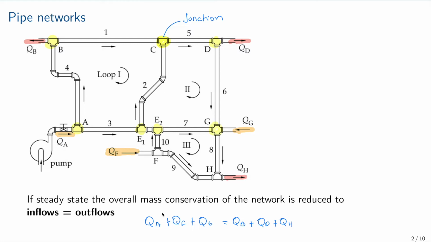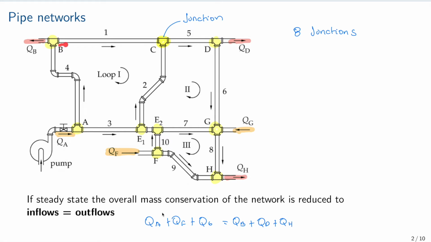We have at G, so these are 4 pipes converging, F and H. So in this case we have how many? 1, 2, 3, 4, 5, 6, 7, 8 junctions.